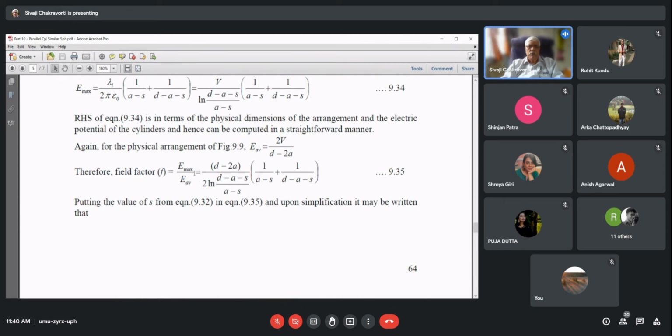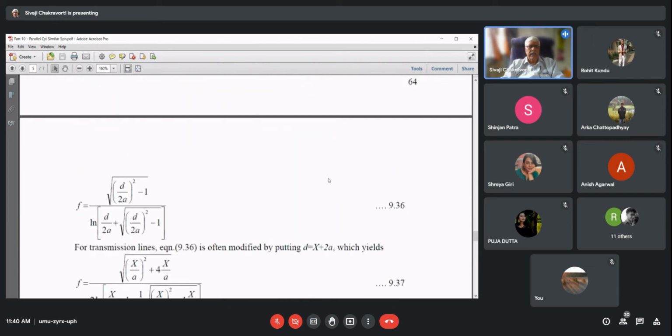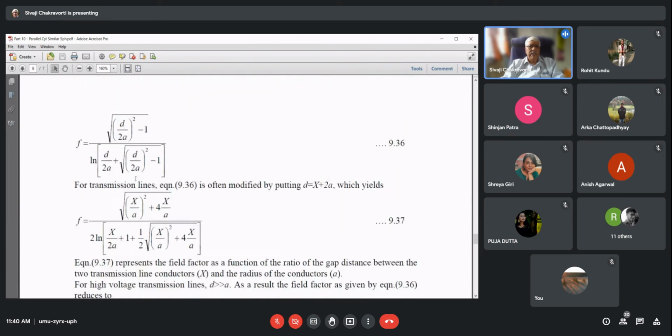So when we put this expression of S in equation 9.35 and you do some algebra, which you can do, you get 9.36. And now looking at 9.36, I can see that the field factor can be expressed clearly in terms of the distance d and the radius a. That's all.